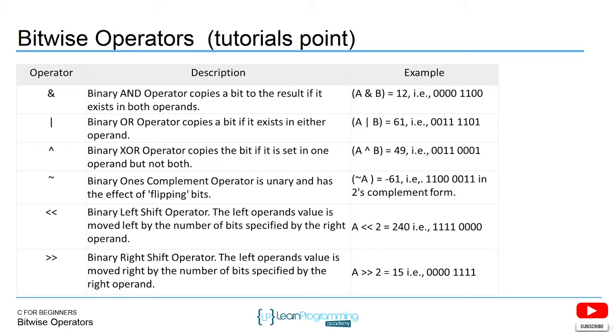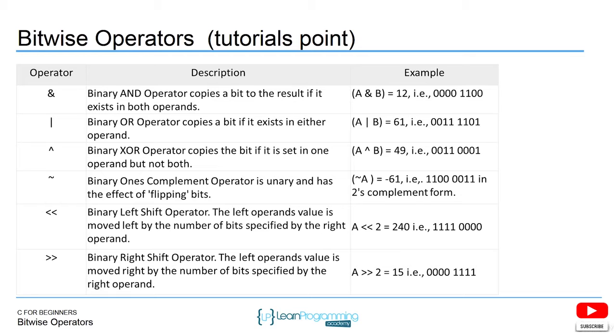The less than symbols are going to shift bits to the left. So the left operand value is moved left by the number of bits specified by the right operand.